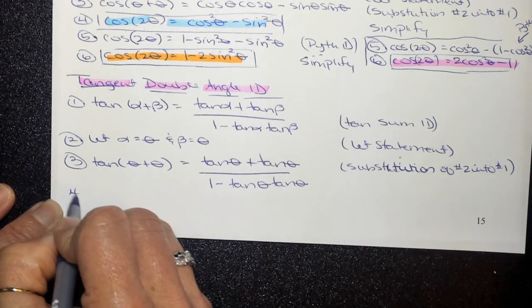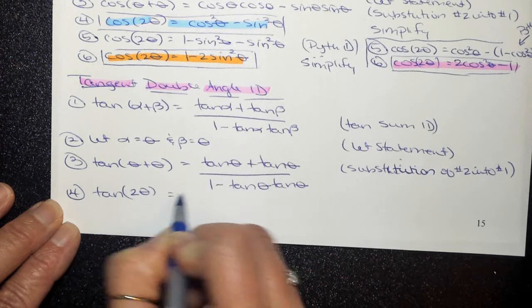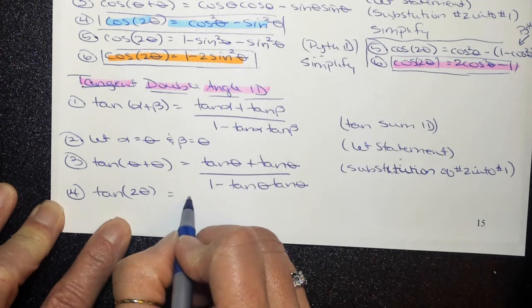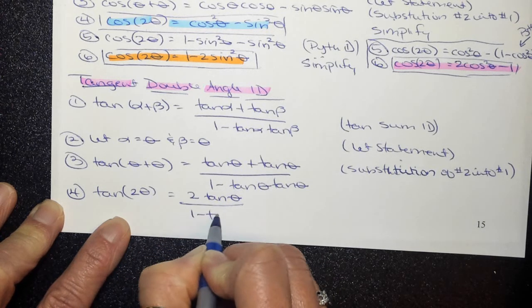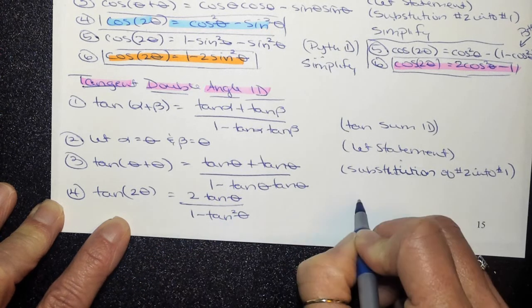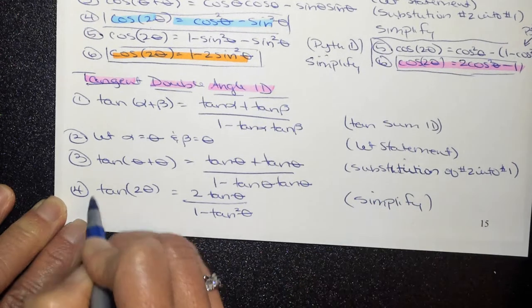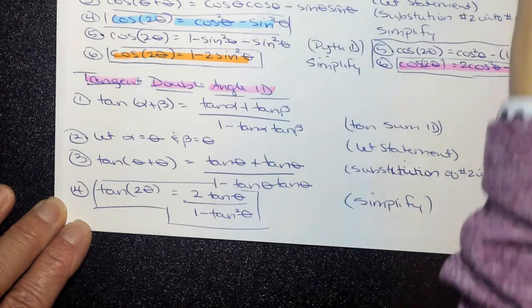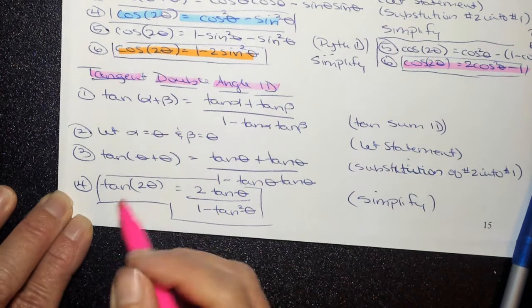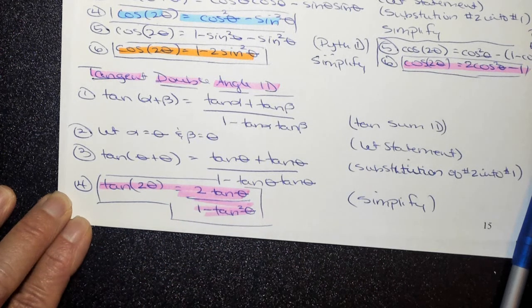I'm writing too fast. Okay, let's simplify. Tangent 2 theta is equal to 2 tangent theta over 1 minus tangent squared theta. And I think I'm done. There you go.